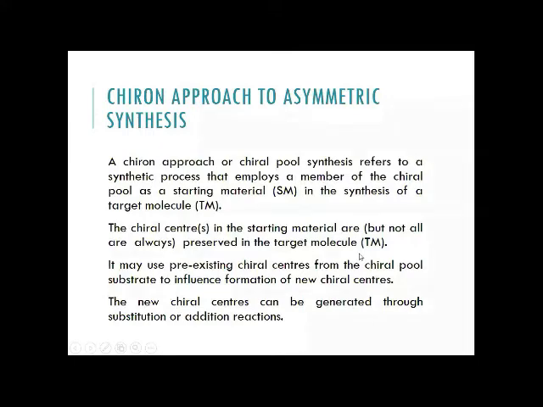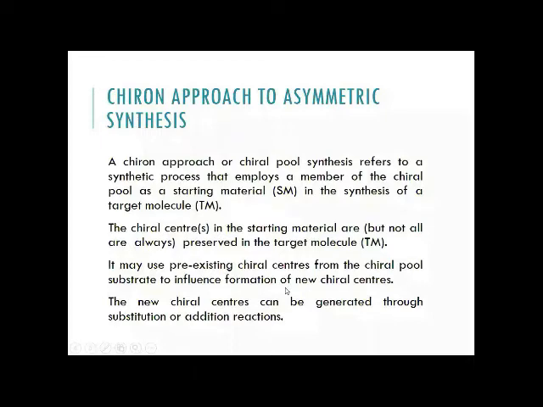Say, for example, if the chiral center in the starting material is at carbon number 3, the same chiral center is available in the product at carbon number 3, but this is not always true. There may be a shifting of the chiral center due to some internal reactions. The pre-existing chiral center from the chiral pool substrate may be used to influence the formation of a new chiral center.